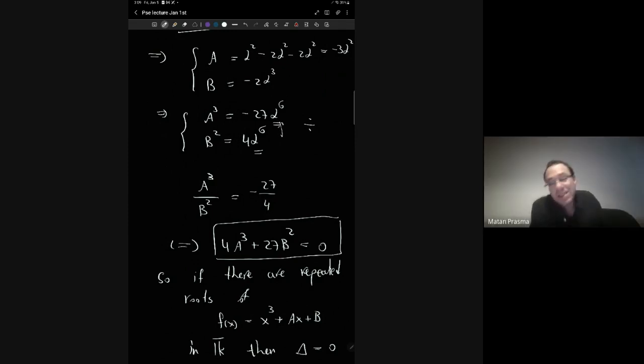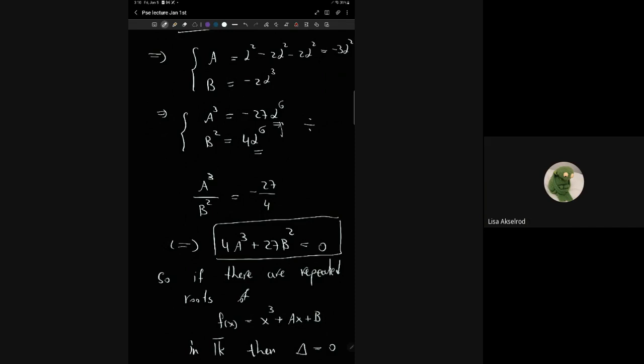That's the goal. I wanted to reach a condition for whether I have repeated roots or not, using only the coefficients of the original polynomial, and not depending on the specific properties of the roots. Makes sense.